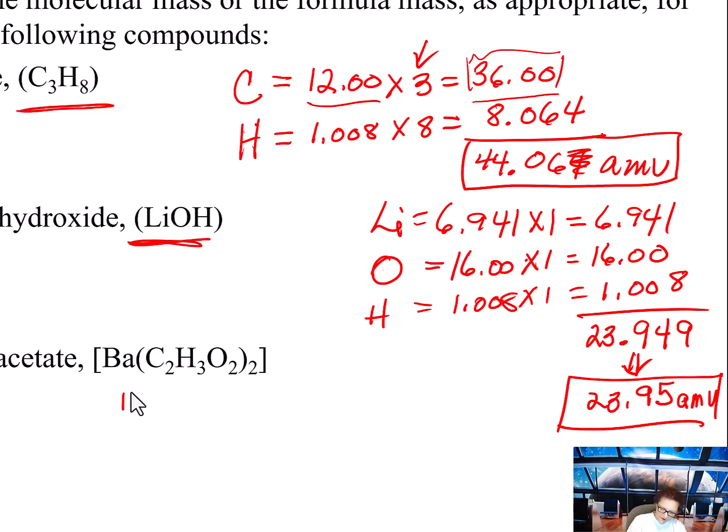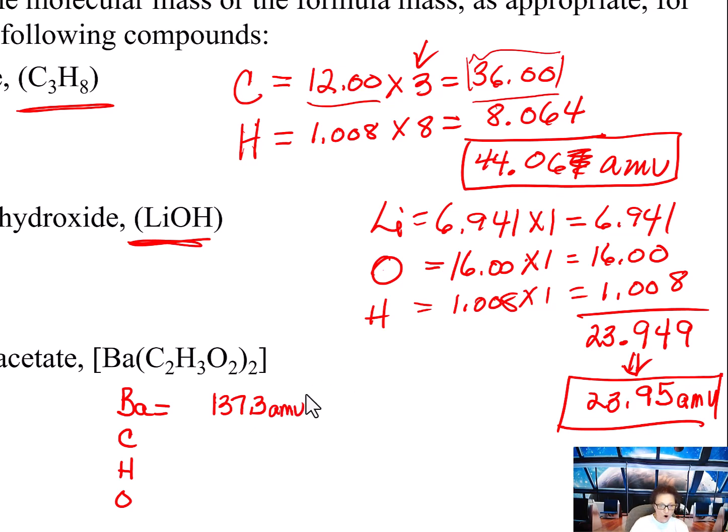So we've got barium, carbon, hydrogen, and oxygen. Barium is Ba, number 56, so it's big: 137.3. And these are all AMUs.